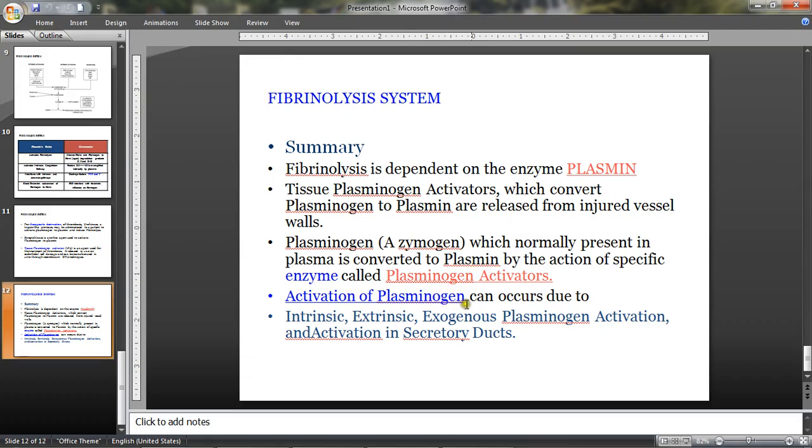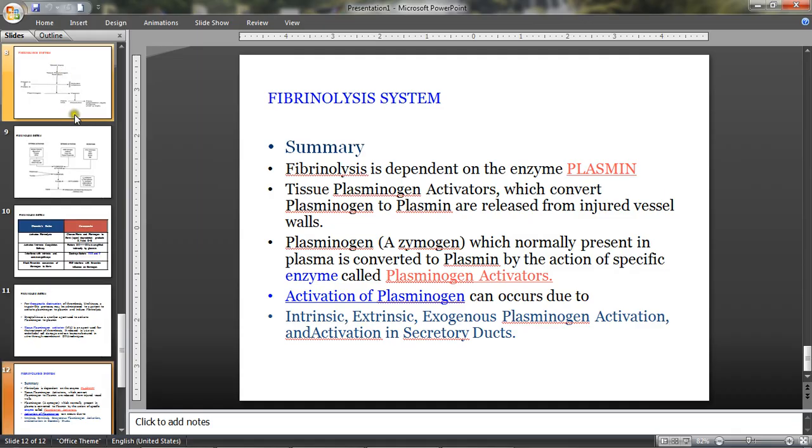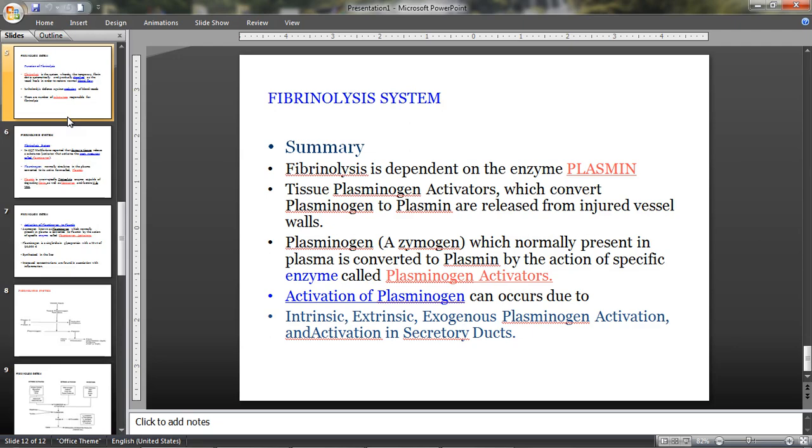Activation of the plasminogen can occur due to intrinsic, extrinsic, exogenous plasminogen activation and activation in the secretory ducts that I have already referred you to in the above diagrams.